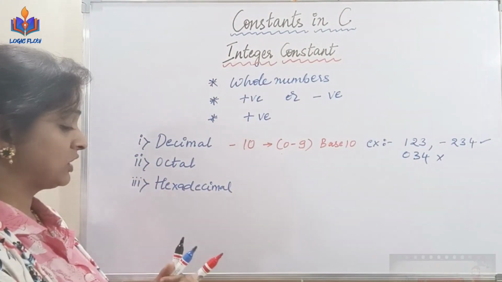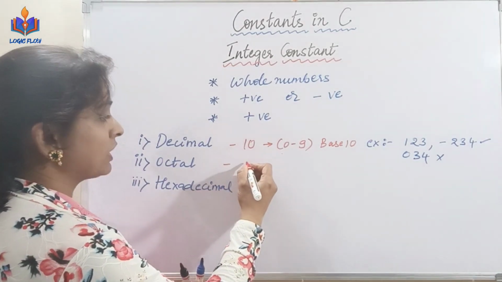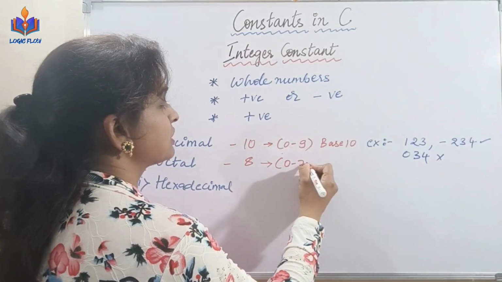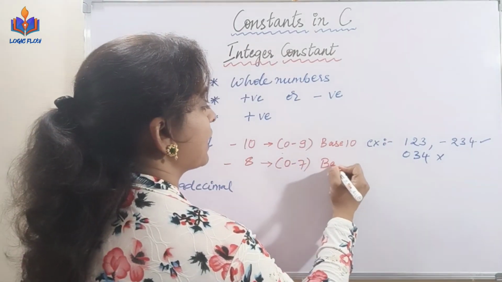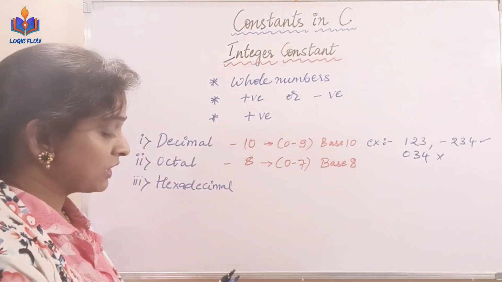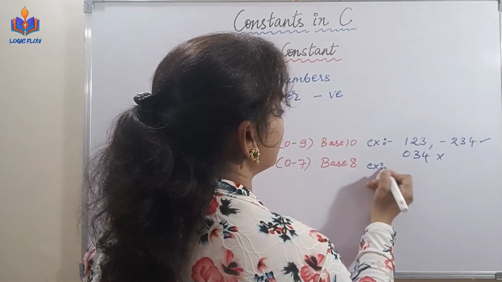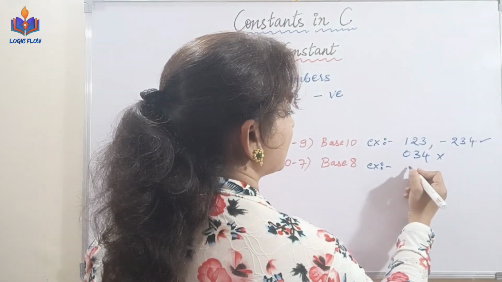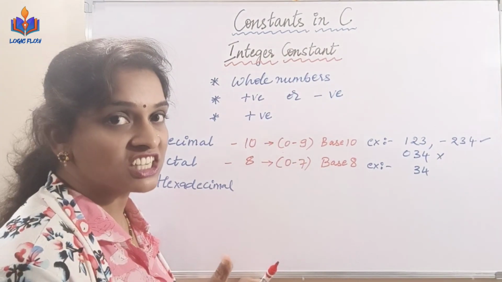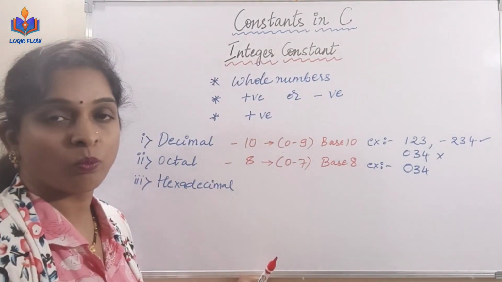Talking about the octal. Octal supports totally 8 digits, that is from 0 to 7. So it is the base 8 system. It can have a sequence of digits, say for example 034, but here the octal constant says the first digit should be 0.